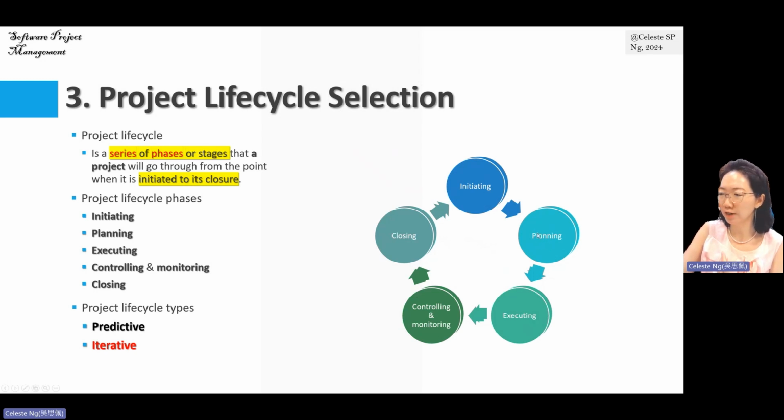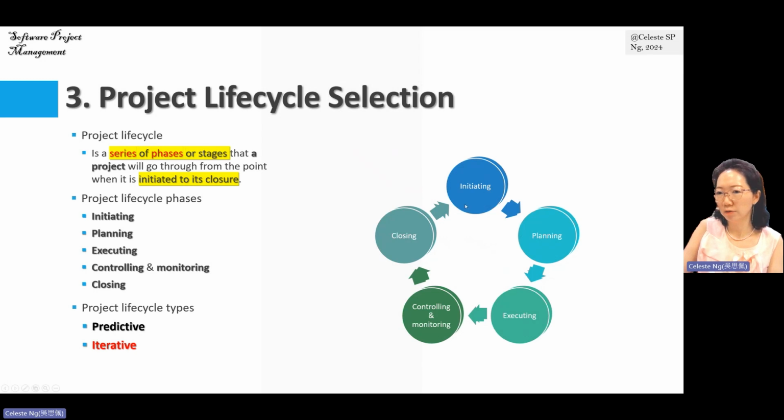If any problem is found during the planning phase, and the feedback requires us to reconsider what we have planned, then we can go back to the initiating phase. The same thing can be applied to the subsequent phases. You can always go back to the previous phase.